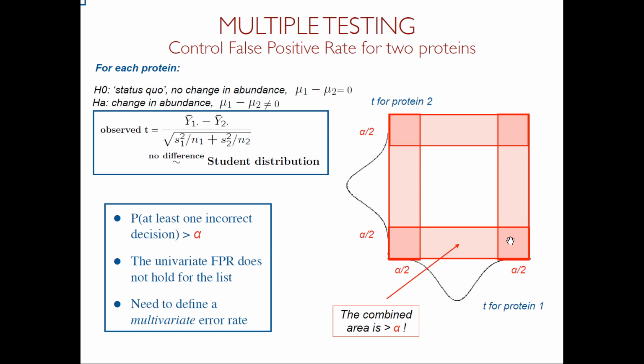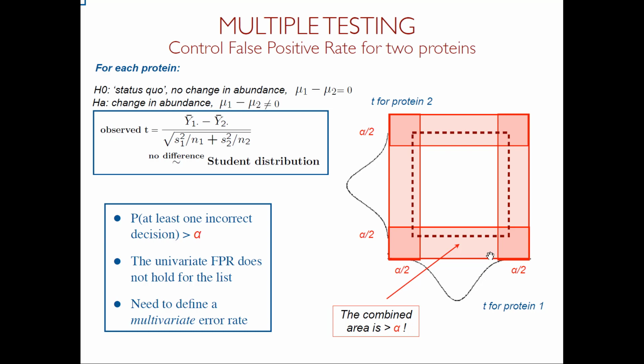And so if we have a DIA experiment with 10,000 proteins, the probability of at least one false positive is, you're guaranteed. So how do we deal with that? Essentially we want to control this combined red area here to be 5% or whatever we want it to be. So one way to do this is to essentially make our cutoffs more conservative, so that the area outside of the dashed line is 5%.